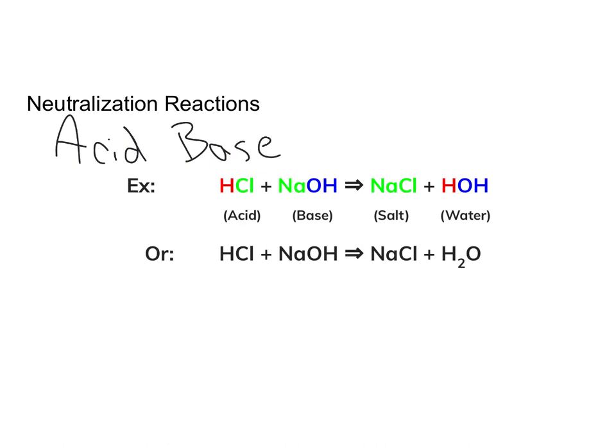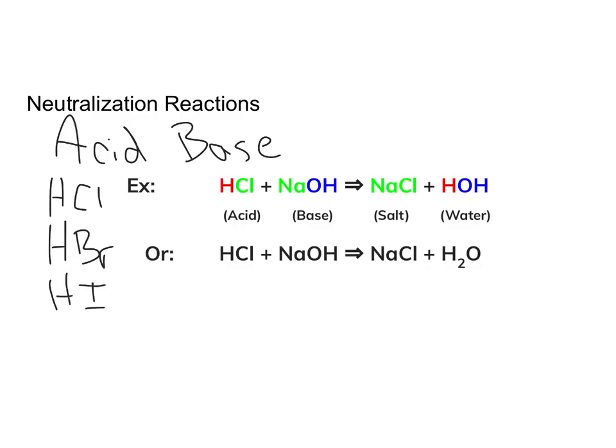And for our purposes here, we're going to focus mostly on strong acids and strong bases. Some ways that you can recognize whether you're dealing with a neutralization reaction with a strong acid or a strong base: HCl is a strong acid, HBr is a strong acid, and HI is a strong acid.